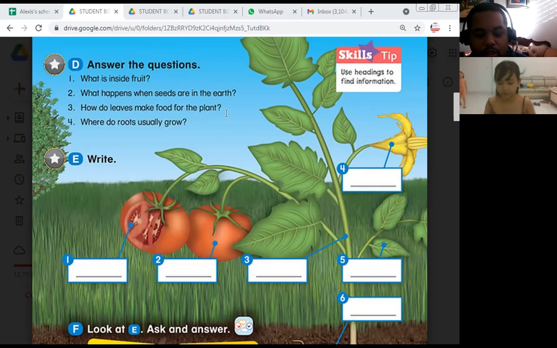In exercise E, we are going to label and name the parts of the plants that we can see there on our screen. And you can also see it in your book.